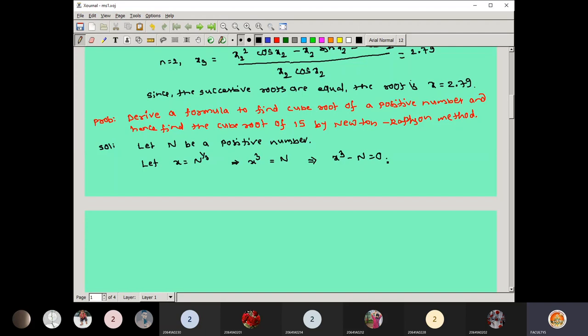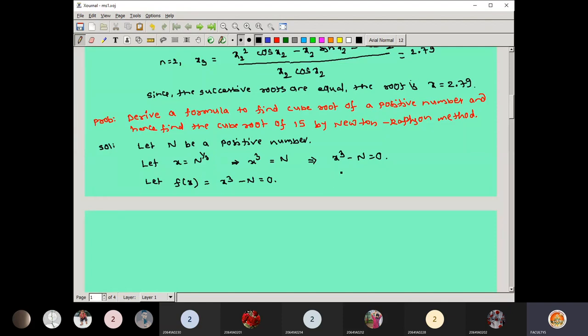So this is one expression in order to calculate the cube root of a number. Let f of x be x cube minus N, that is equal to 0. Once again, look at the solution part. A positive number is not given, so I am supposing N is a positive number. To calculate the cube root, I start with x equal to the cube root of N, which is power 1 by 3.